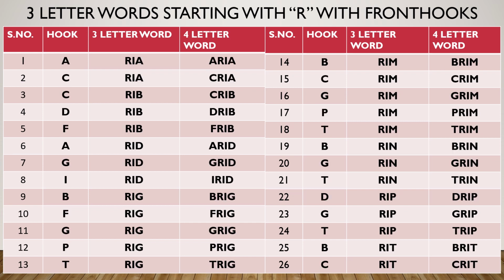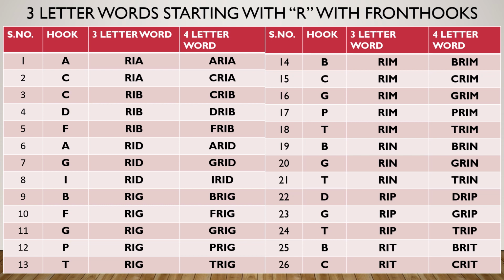On this one, it is RIA, making ARIA, and CRIA with C. RIB makes four-letter words with C, D, and F, making CRIB, DRIB, and FRIB.